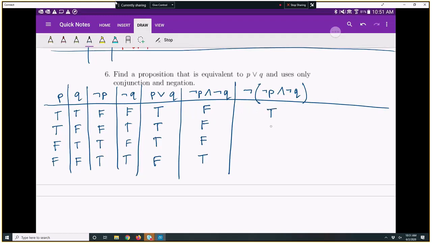So this will be true, true, true, and false. And there we can see that they match. So what we found out is that P or Q is logically equivalent to negation of, negation P and negation Q.